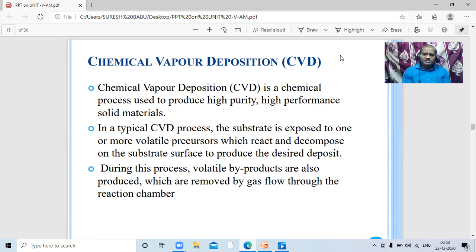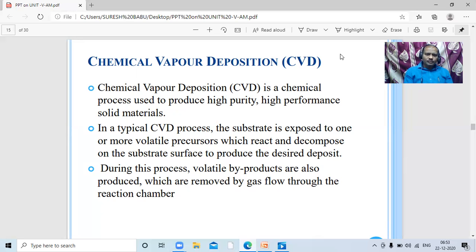Next, during this process, volatile byproducts are also produced, which are removed by gas flow through the reaction chamber, so that the substrate can be processed in a good manner.